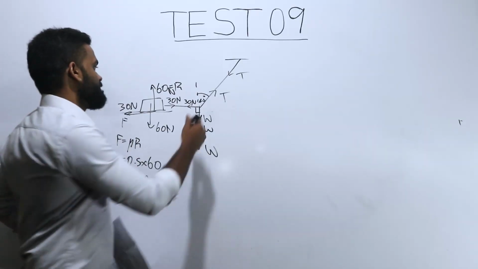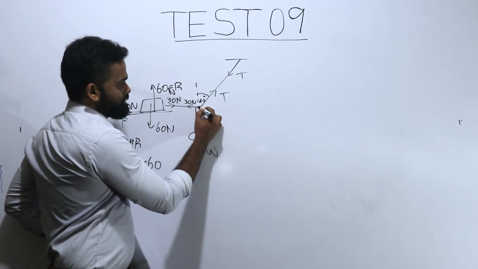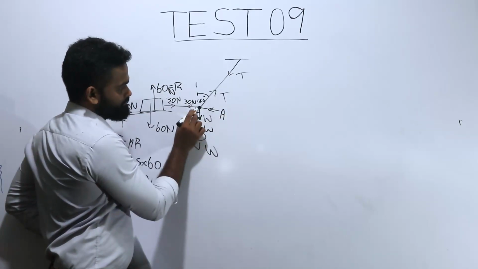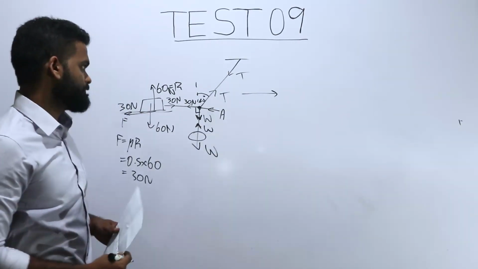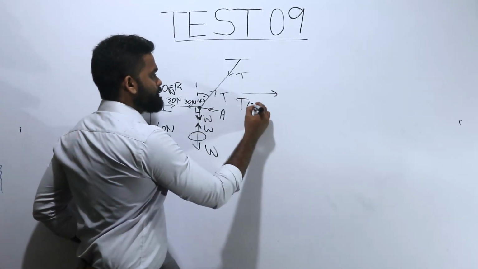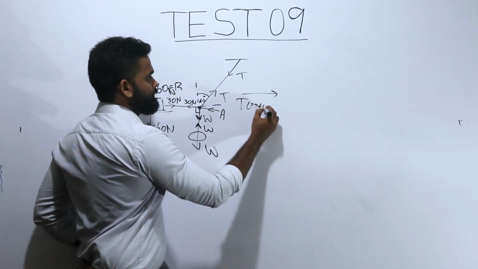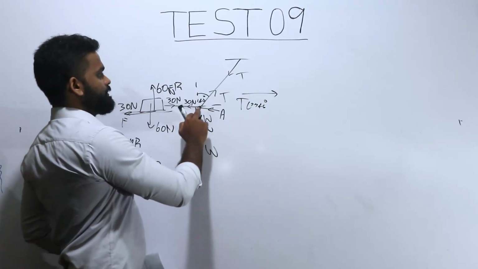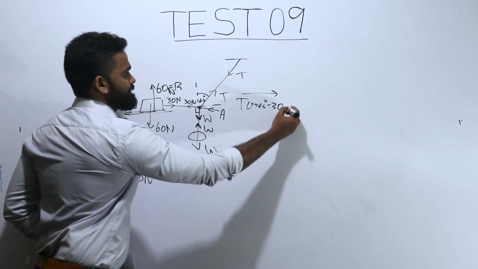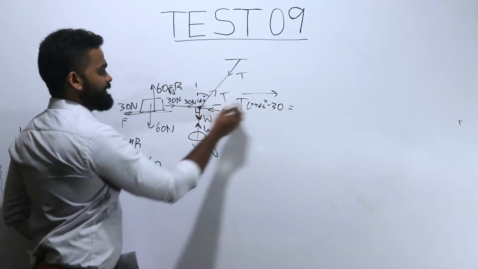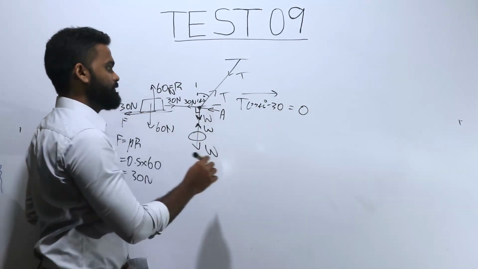Right. Then I'm going to think about the equilibrium of this point here. Horizontal equilibrium: T cos 45 minus 30, where 30 is on the other side, equals 0. This is equilibrium.